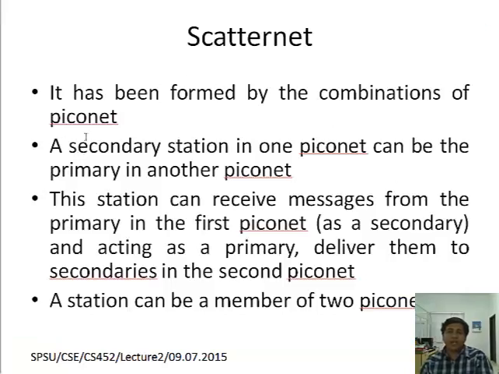Now we have already discussed scatternet. In scatternet, small piconets can be connected with each other using that bridging slave. A station in such cases can be a member of 2 piconets, and when small piconets are gathered together, there is a formation of scatternet.